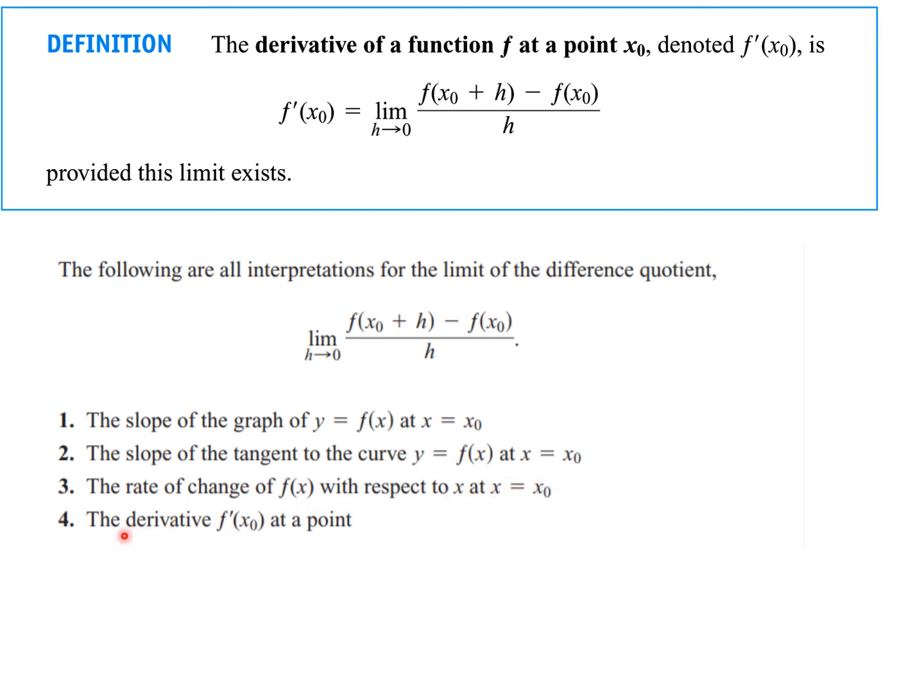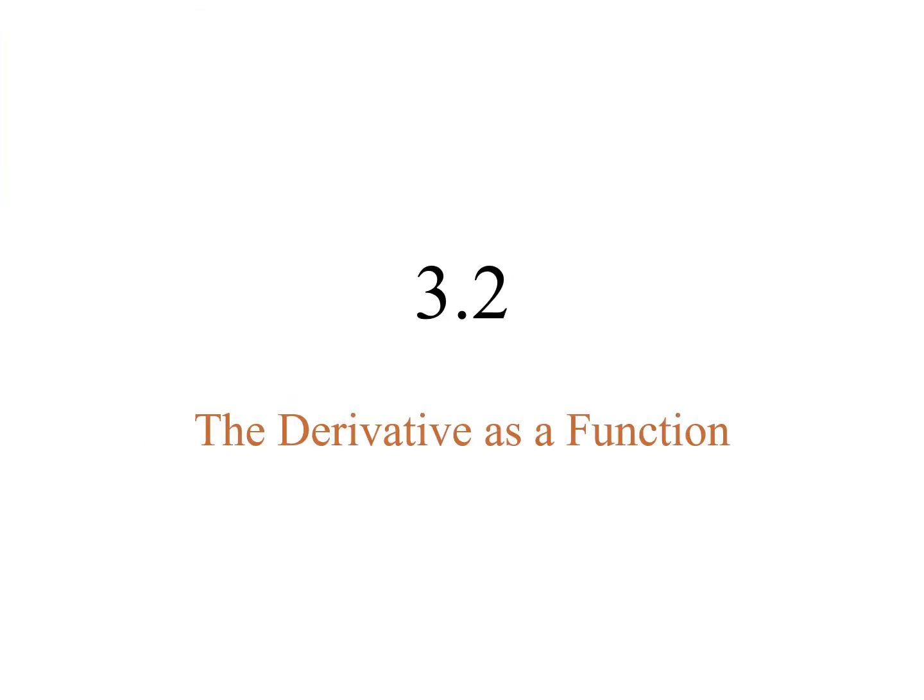And the last one is the derivative f prime of x naught at a point. All these apply. That's it, at least for now, for derivatives at points. Now we're moving to section 2 of chapter 3, and this is about derivatives as a function.